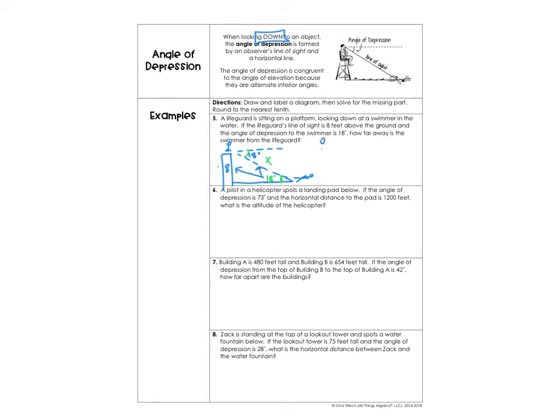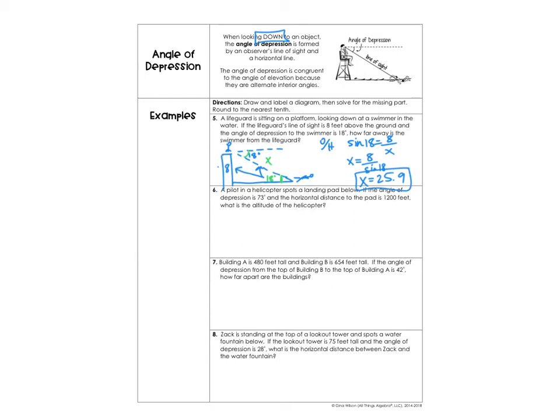So opposite and hypotenuse is sine. So we have the sine of 18 equals opposite over hypotenuse. Remember, when x is on bottom, those are going to swap. So x equals 8 over the sine of 18. So 8 divided by the sine of 18 is 25.9. And that's how far away they are. So let's look at another one.